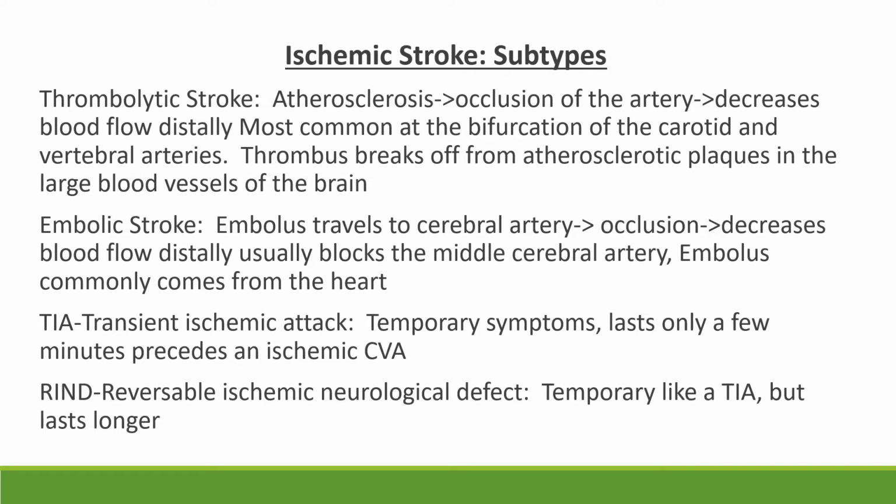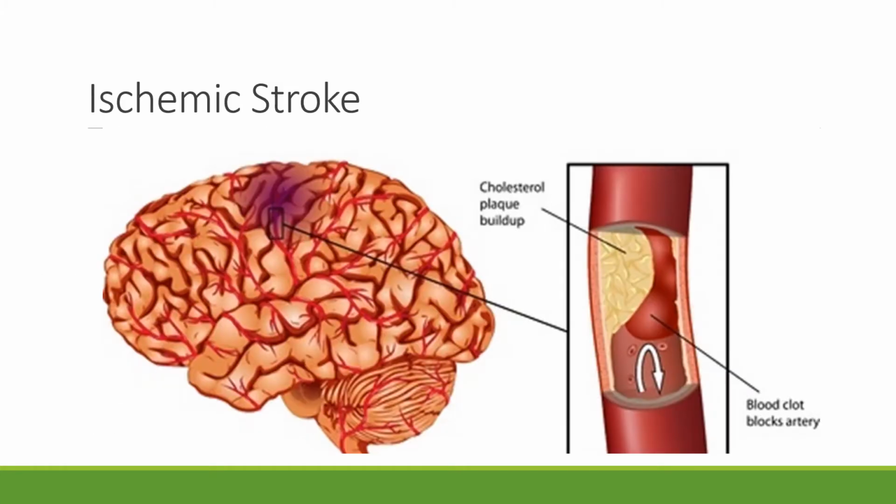They last only a few minutes and they precede an ischemic CVA. And RIND, it's a reversible ischemic neurological deficit. It's temporary like a TIA, but it lasts longer and it can be up to a day. Here's a picture of an ischemic stroke.